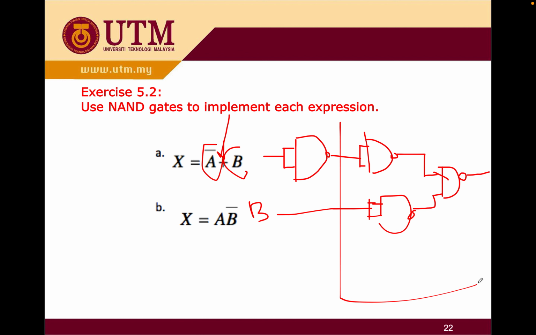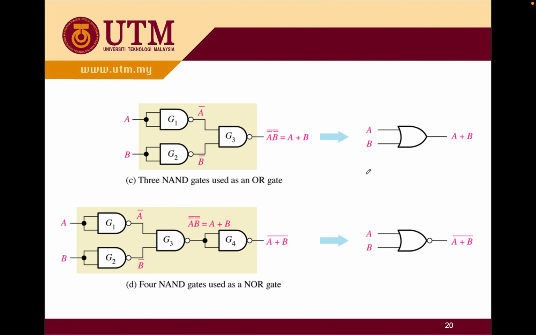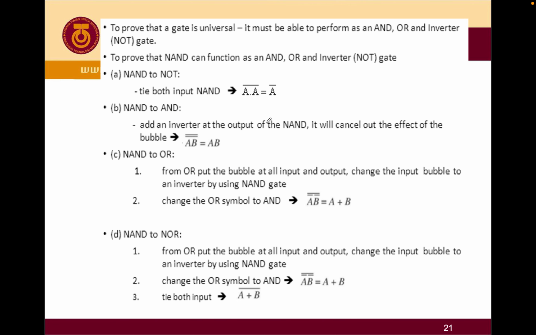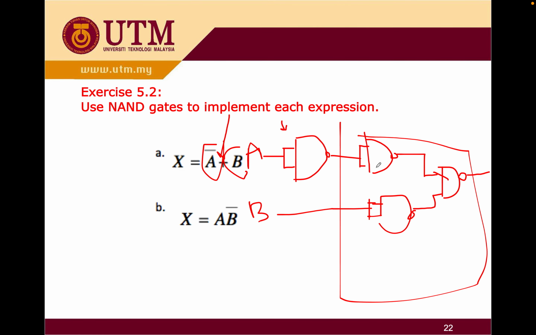You can see here, this is the combination of the OR gate. Supposedly it is going to be an OR gate, but in terms of representation, if you still remember, the OR gate can be represented like this, which is similar to my ugly drawing here. This is my NAND gate combined like this. So this is my OR gate.